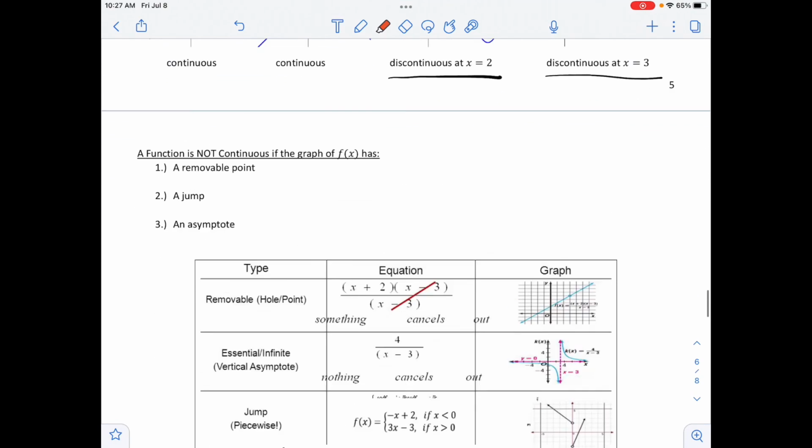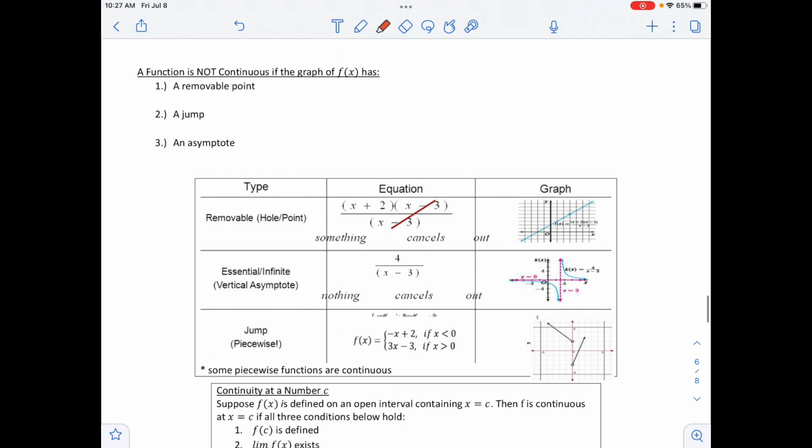At the top of the next page, it says a function is not continuous if the graph of f(x) has a removable point, a jump, or an asymptote. And so a removable point is going to occur when we have 0 over 0. Remember, this is our indeterminate form, and we can simplify.